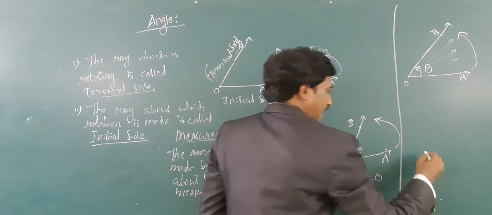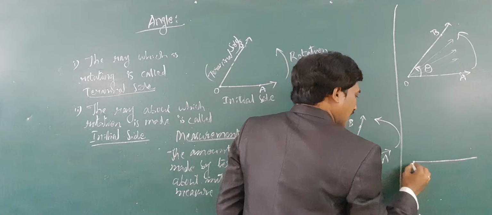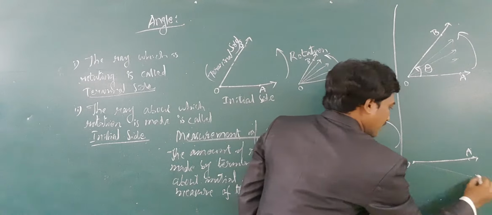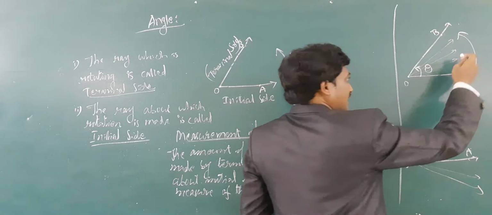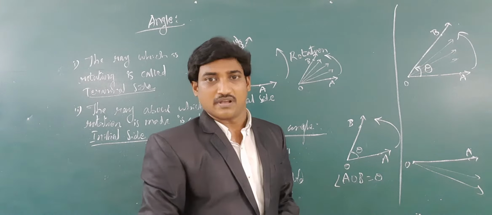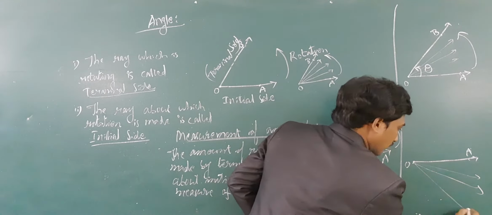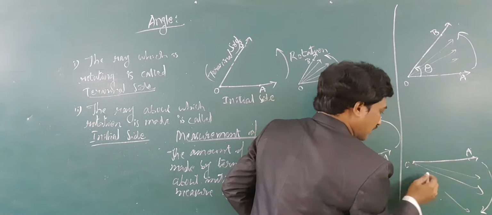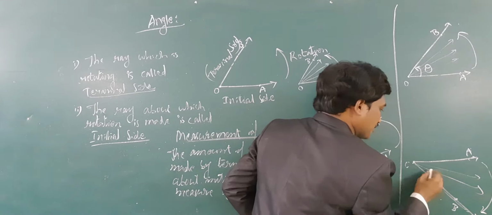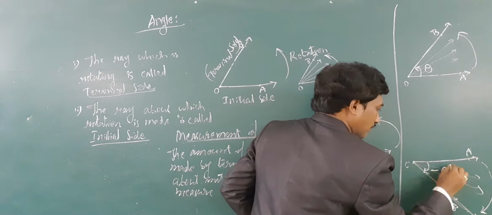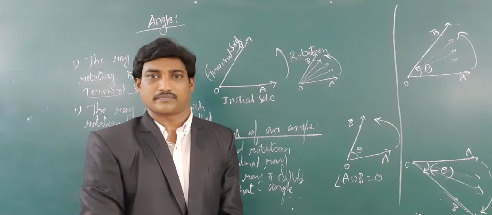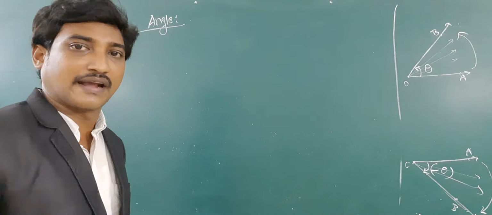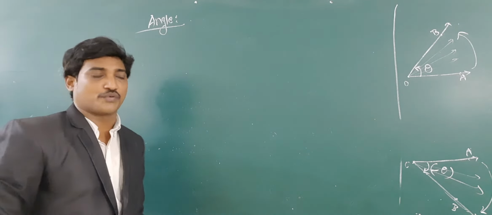If the rotation is made in clockwise direction, then the measure of angle is regarded as negative, minus theta. That is about angle in anti-clockwise direction and clockwise direction.